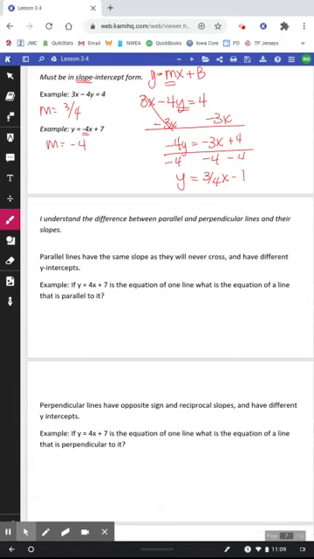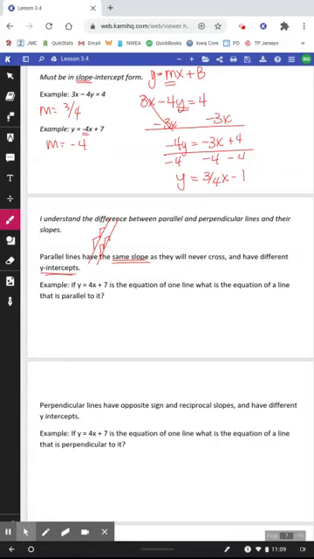The next thing we're going to talk about is parallel and perpendicular lines and their slopes. If you have 2 parallel lines on a graph, they will never cross. And so the rate at which they change, the up 1 over 1, must be the same. So parallel lines have the same slope, but they do have different y-intercepts.